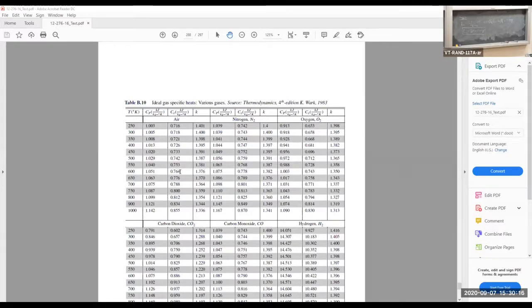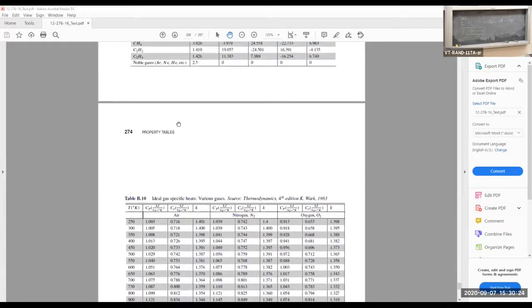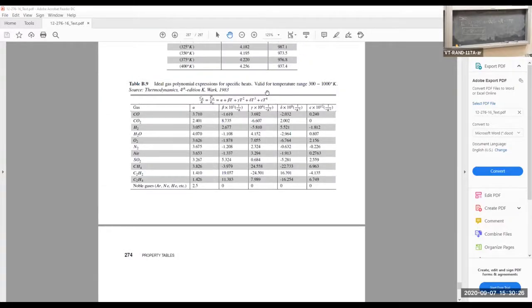What if you want very, very good accuracy for your calculation? Let's say you want maximum accuracy. Well, look at this. Table B9, ideal gas polynomial expressions for specific heat. Cp over R is a dimensionless quantity.